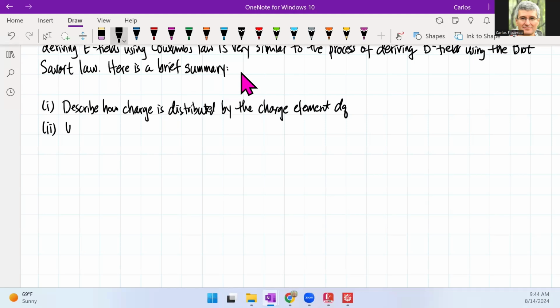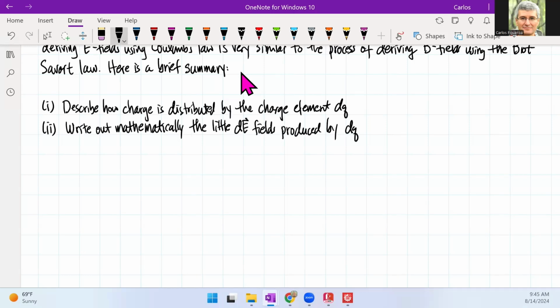Next, we write out mathematically the little dE fields produced by dq.